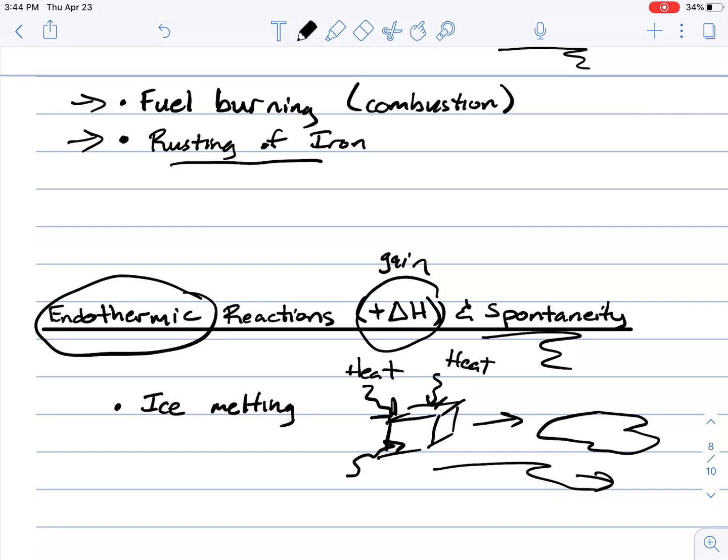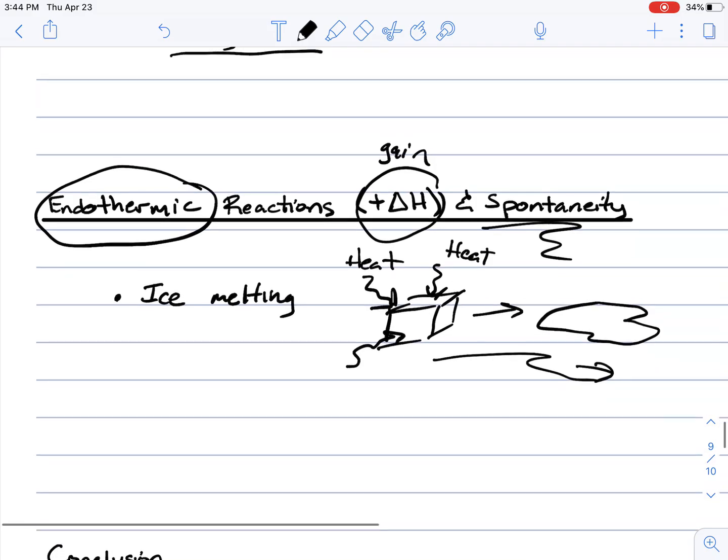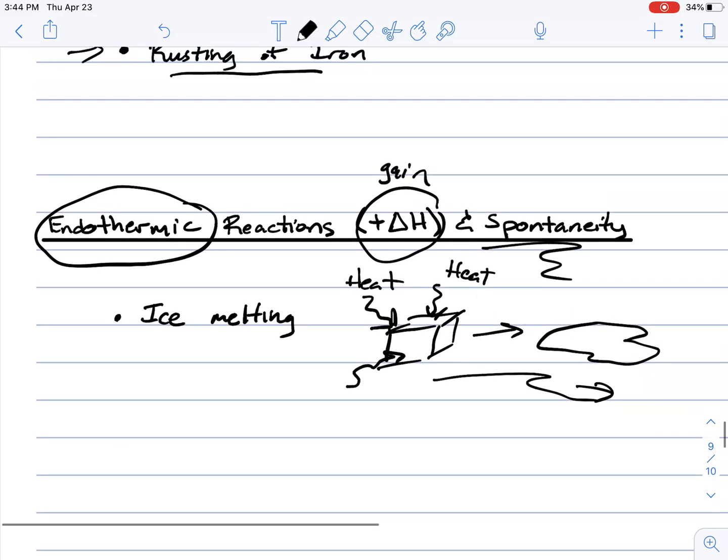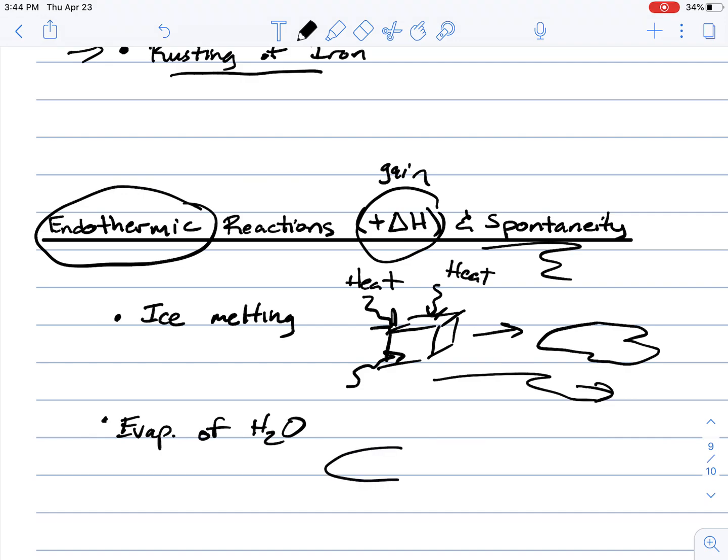Another example of an endothermic reaction that is also spontaneous is the evaporation of water. If you have a pool of water, at some point in time it's going to slowly evaporate on its own.